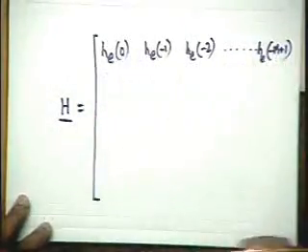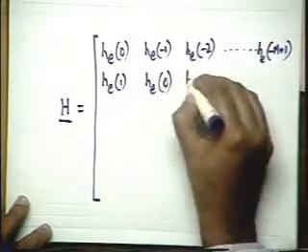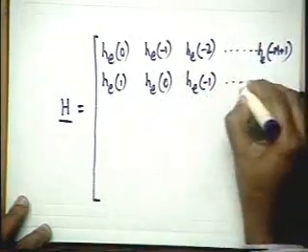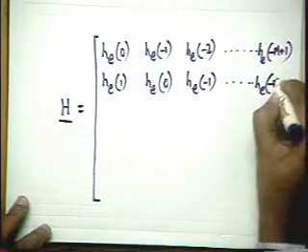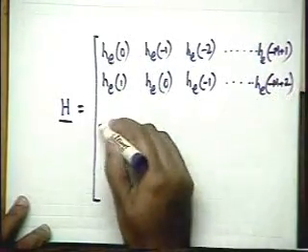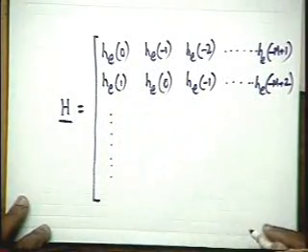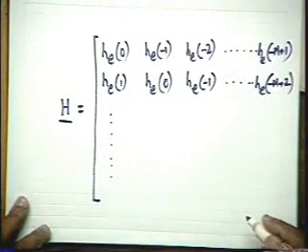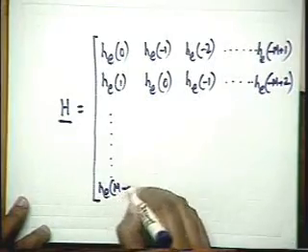Now, this was the first row. What is going to be the next row's first element? h_e(1). What is going to be the next element? What is going to be the next? The last? Minus M plus 2. Very good. Like this, I can keep on computing. What is going to be the last row? Anybody? h_e(M minus 1).